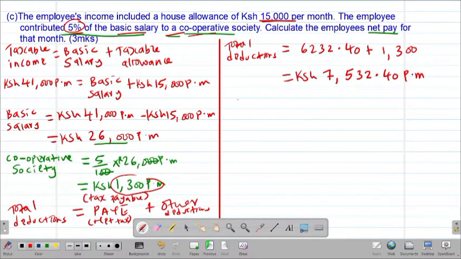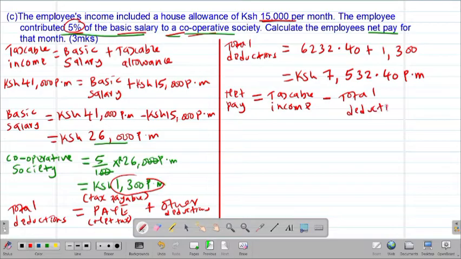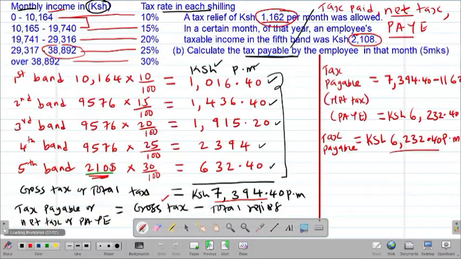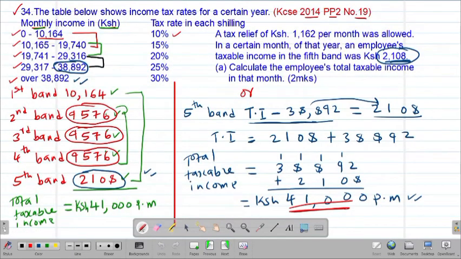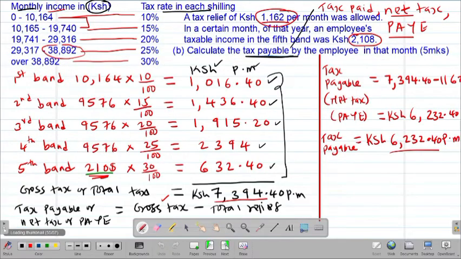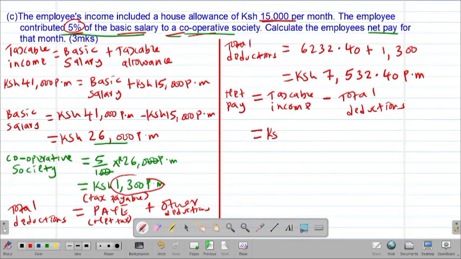Once we have the total deductions, we can now get our net pay. The net pay will be equal to the taxable income less total deductions. We already have it. We had already gotten it in the first part, which was 41,000 shillings per month. So this is Kenya shillings 41,000 per month minus total deductions.